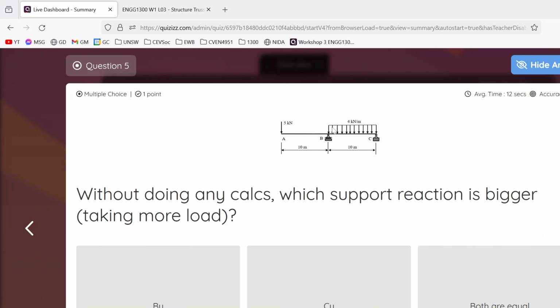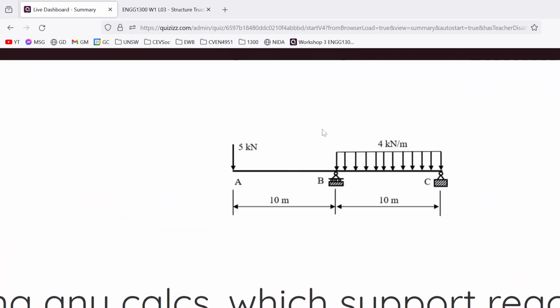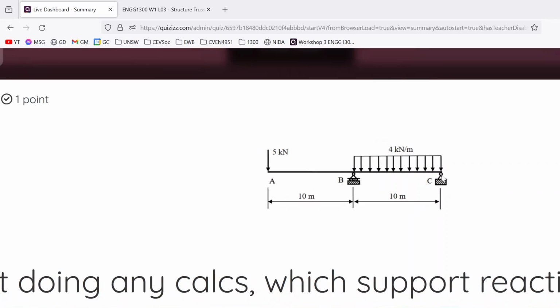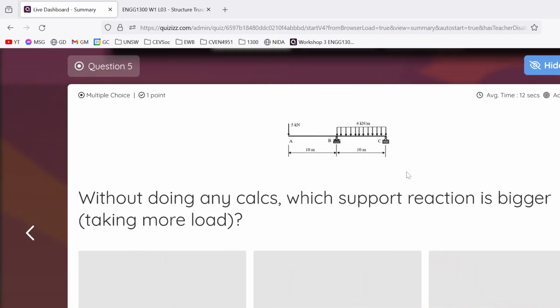Okay. So this is kind of based on practice and vibes, pretty much. It's asking, does support B or C take more of the load? So which support reaction is bigger, right? And it's B. How would you think about this?